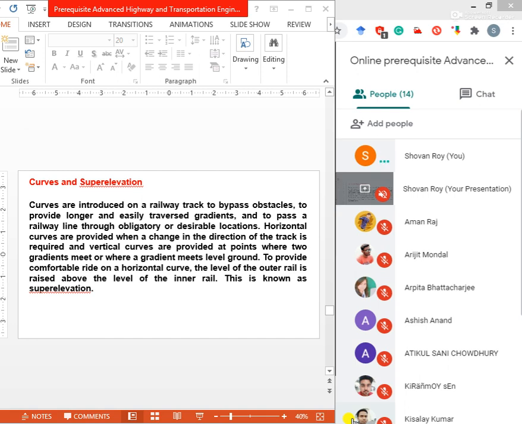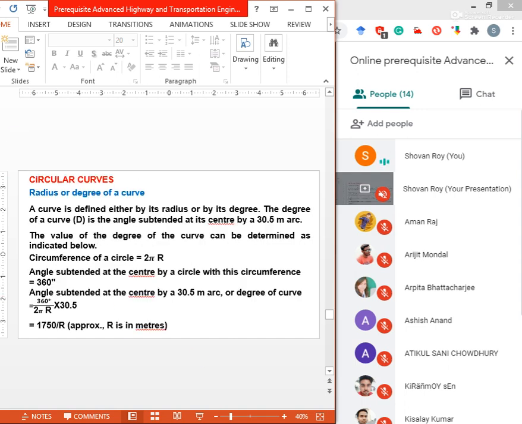If we go ahead with curves, first there are circular curves, and circular curves involve some parameters, some elements, and methods of setting out circular curves. So in parameters of circular curves, first there is the radius or degree of a curve.